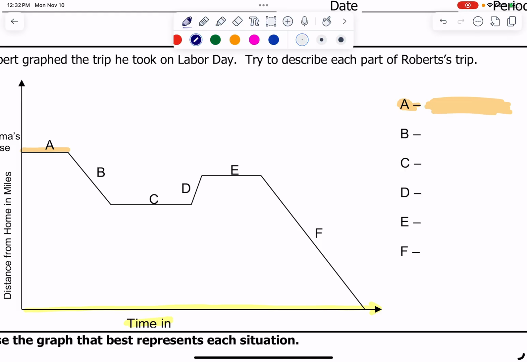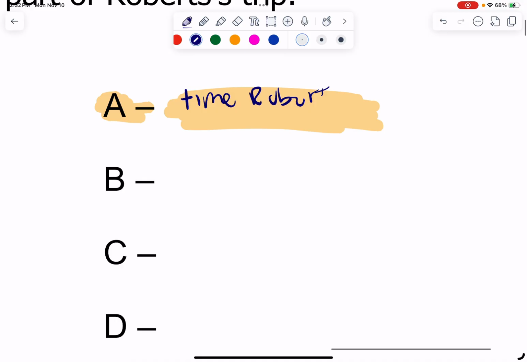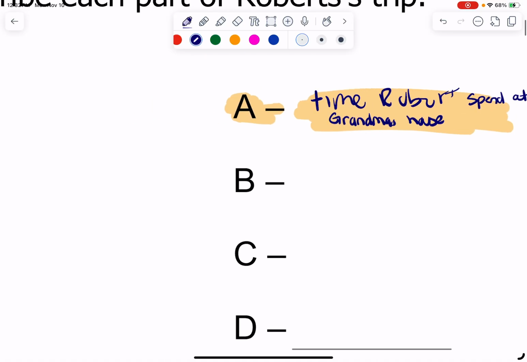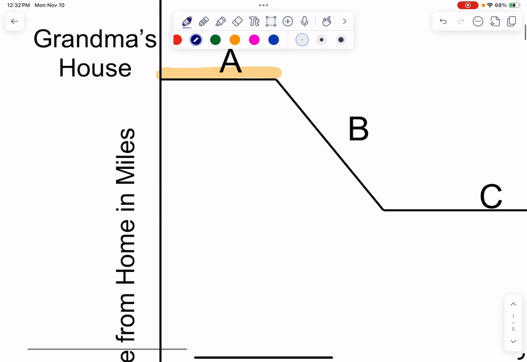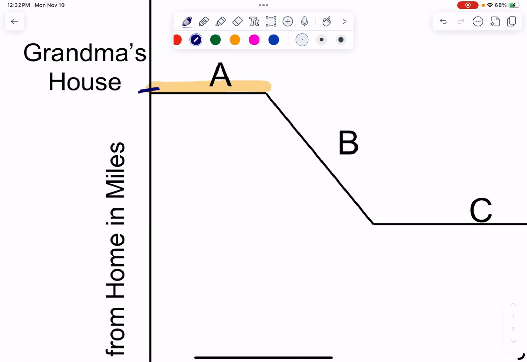So this is the time that Robert spent at grandma's house. So wherever grandma's house is, Robert was at grandma's house for this amount of time.